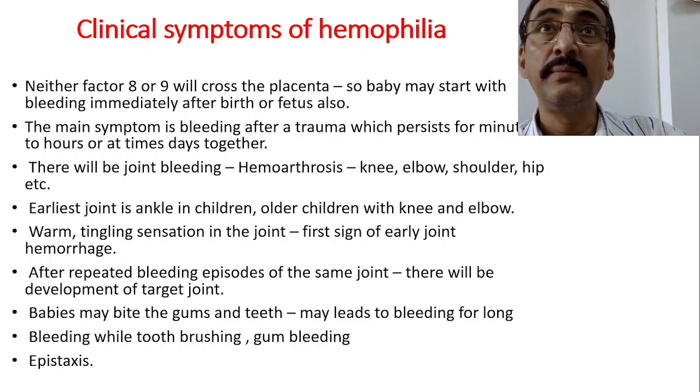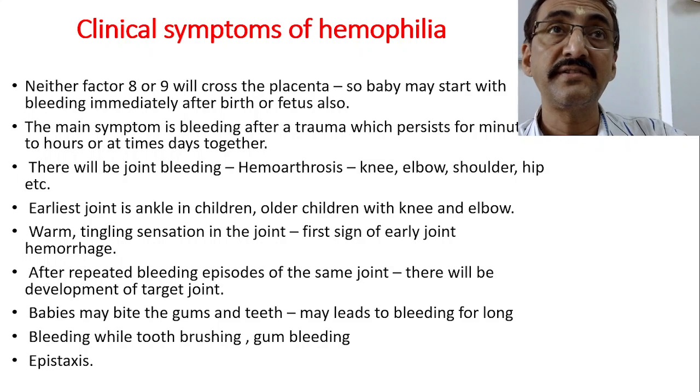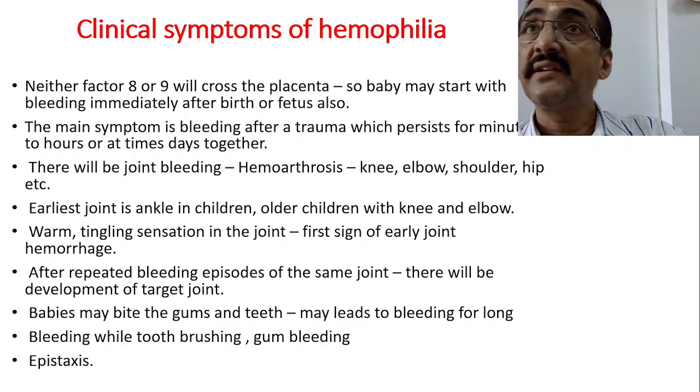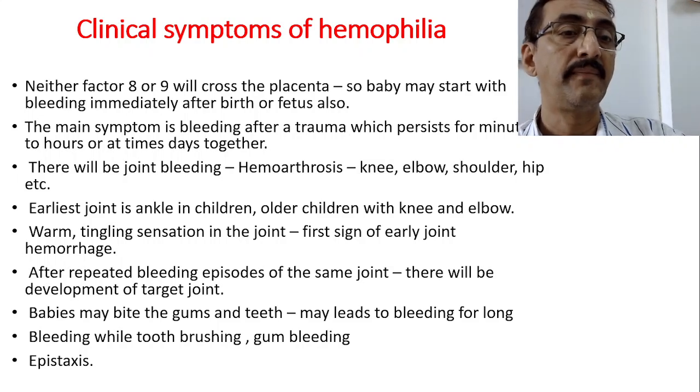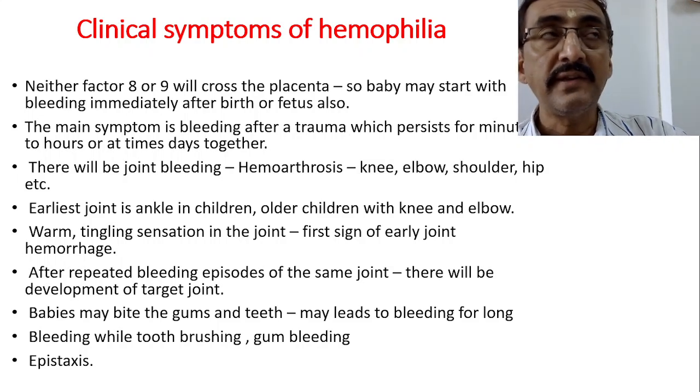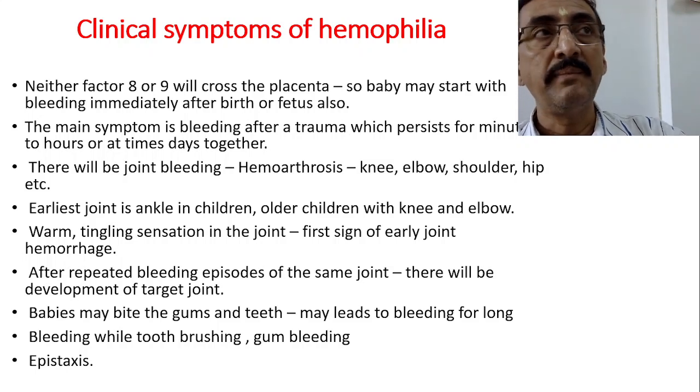Now there will be joint bleeding, which is very common because the joint is a pressure sustaining area, and as a result there may be hemoarthrosis, especially in the knees, elbow, shoulder, hip, etc. Now the earliest joint which gets affected is the ankle joint in children, but in older children it may be the knee joint or elbow joint.